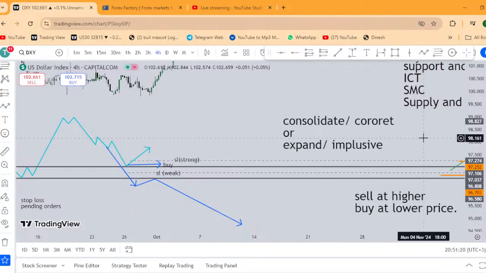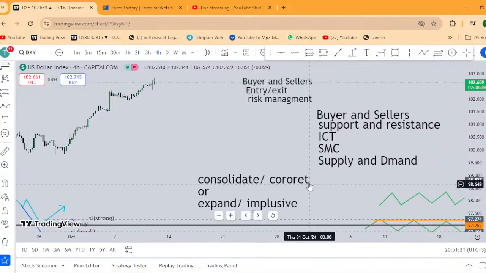You should know that we have many concepts: support and resistance, ICT, SMC, supply and demand, the impulsive strategy. Before you call them strategies, those are concepts, and their only role is to help you identify when you are buying and when you are selling, where you put your stop loss, and where you put your take profit.